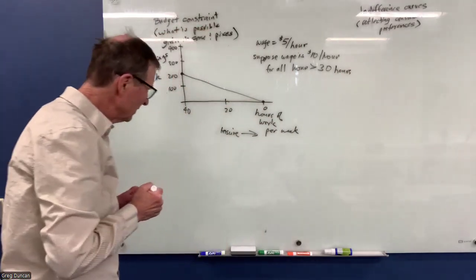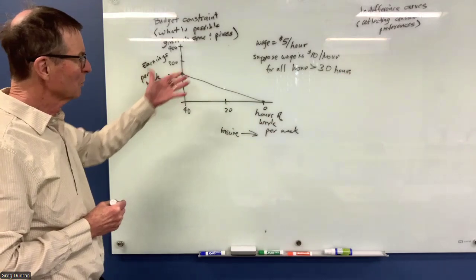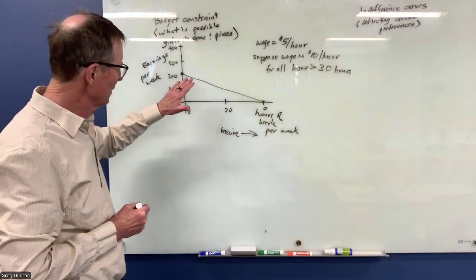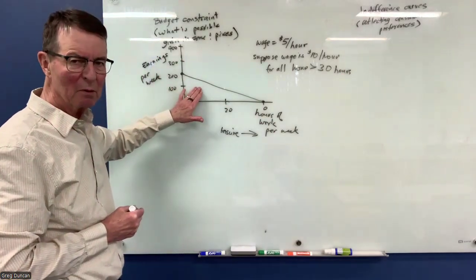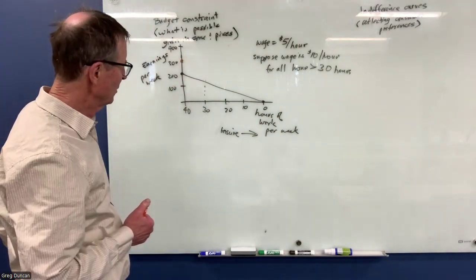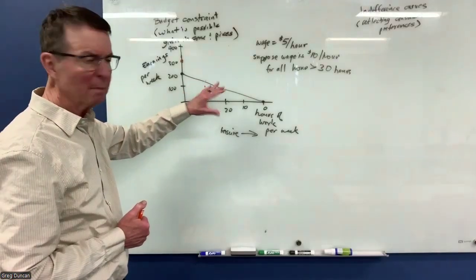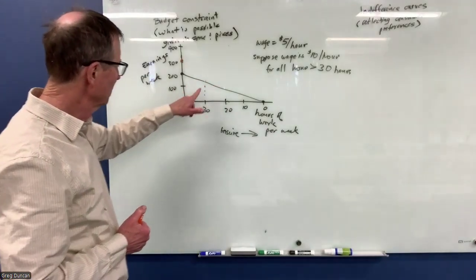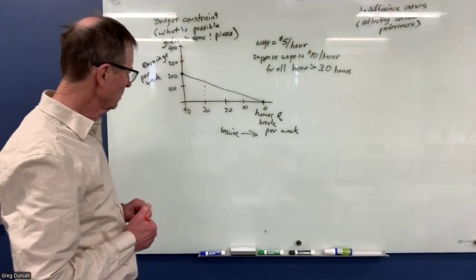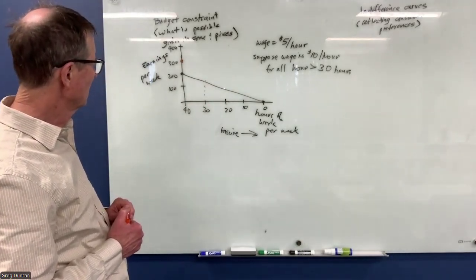Now, as I say, the trick in applying this consumer choice is usually properly understanding what happens to the budget constraint. How does the budget constraint change to accommodate this overtime? Up until 30 hours, nothing's changed. It's only beyond 30.